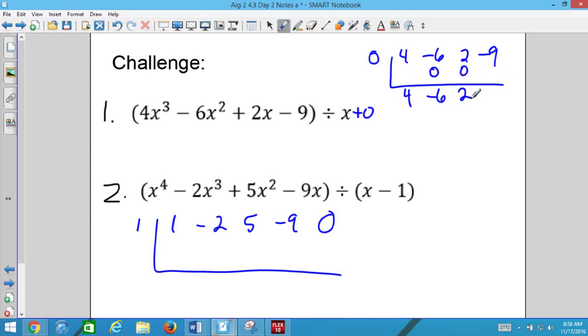And then you write all your answers. For this one, you get 4x squared minus 6x plus 2 minus 9 over x. Oh, you don't need plus 0. All right. Okay. Good job.